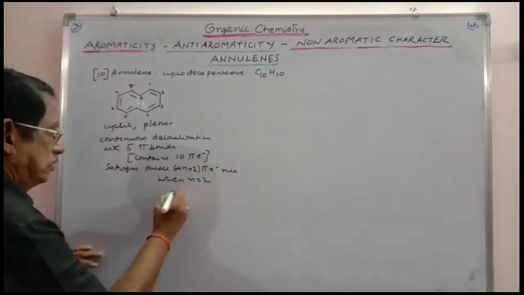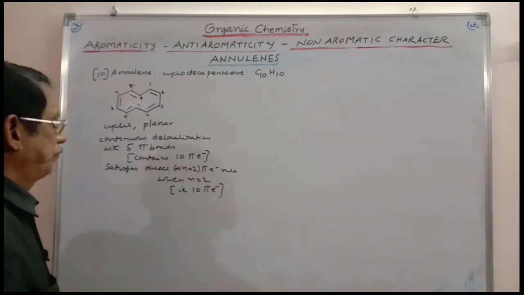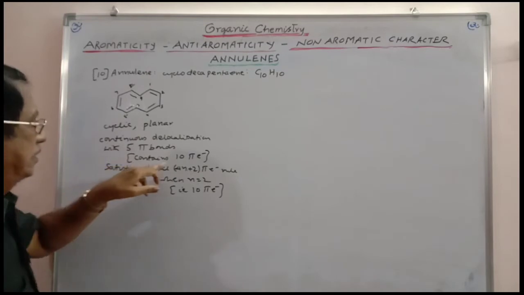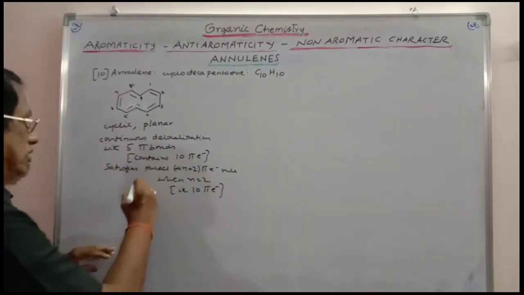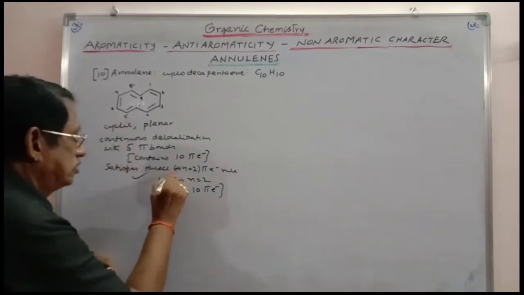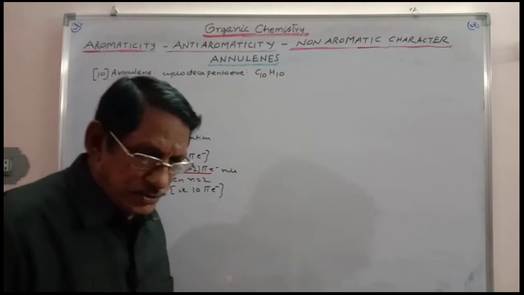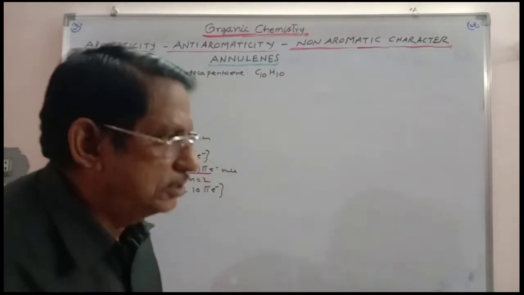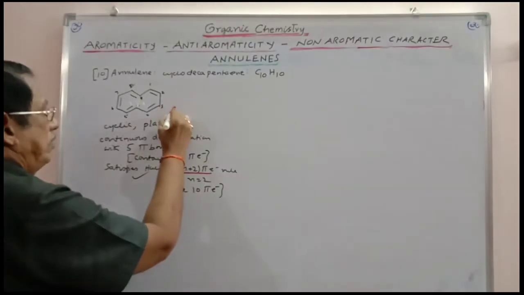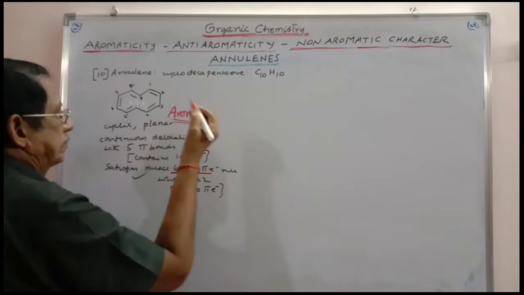So here that is 10 pi electrons. So here in this case, delocalized cloud is containing 10 pi electrons. So this is satisfying Huckel rule when n is equal to 2 in this case. So what is it? According to this convention, certainly everybody will say that this is aromatic.